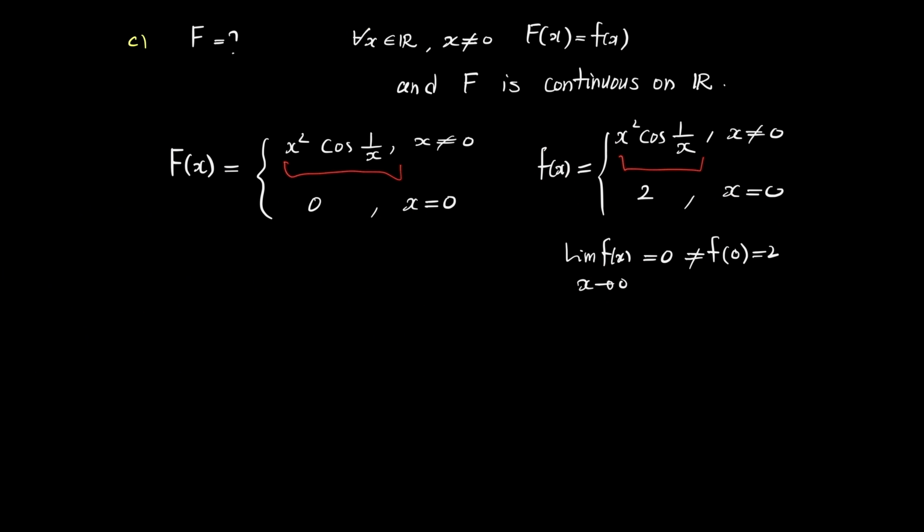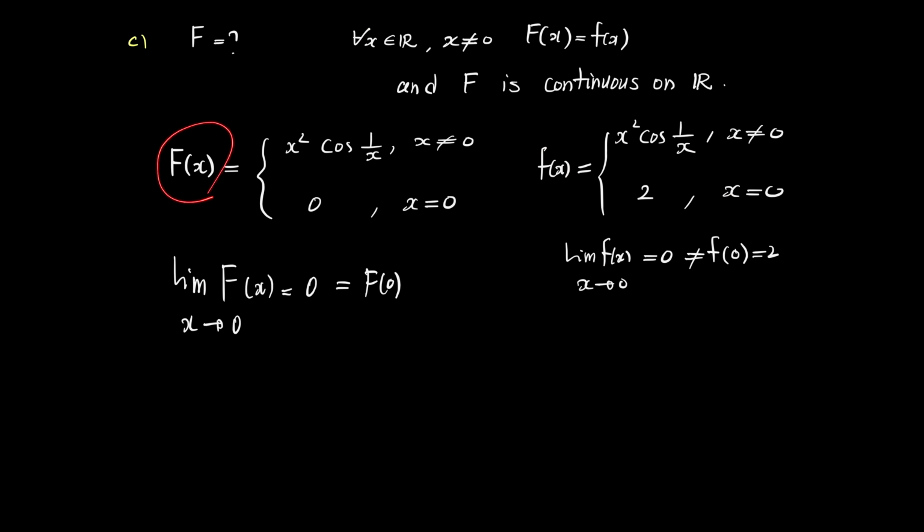The only difference between capital F and little f is how they are defined at point 0. One of them is defined to be 2, the other to be 0. Now if I ask you, is the function capital F continuous at 0, you would say yes. Why? Because if I calculate this limit, it becomes 0, and f of 0 is exactly 0 again by my definition. So capital F is continuous at x equals 0.